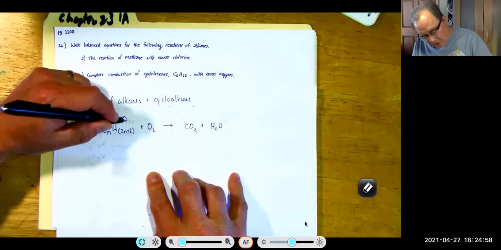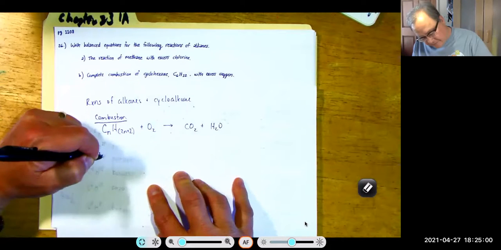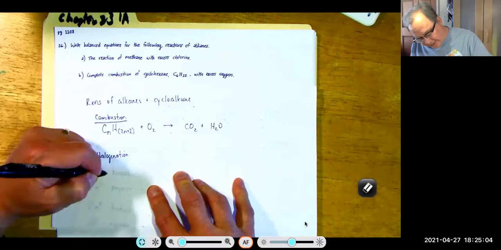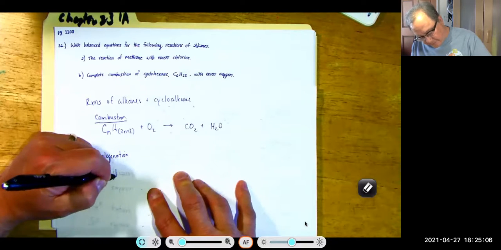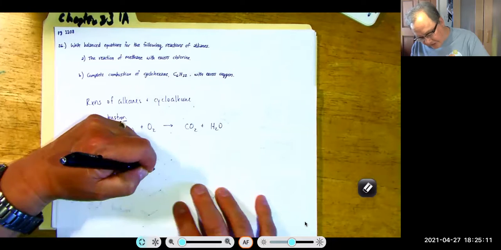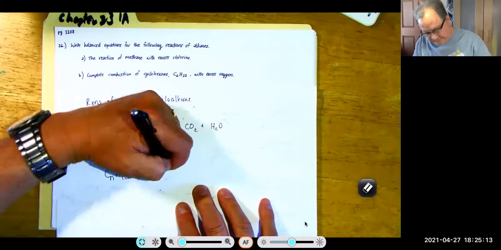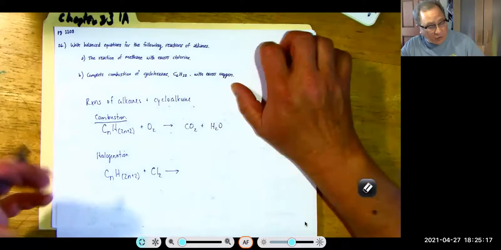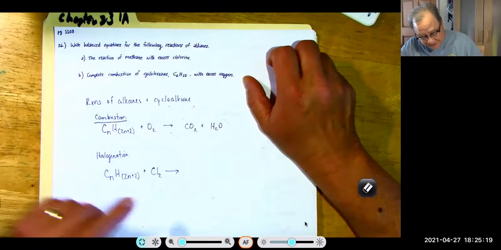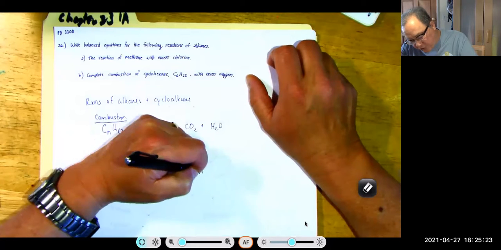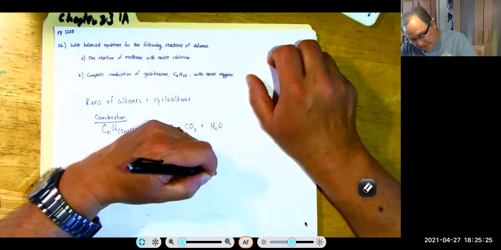And then there's another one called halogenation. So we take a CnH2n+2, and we react it with a halogen like chlorine, or it could be bromine, or iodine, or fluorine. But a halogen, you're going to get CnH2n+1.